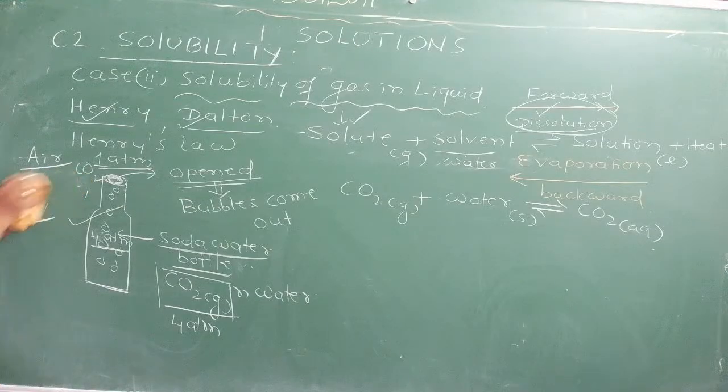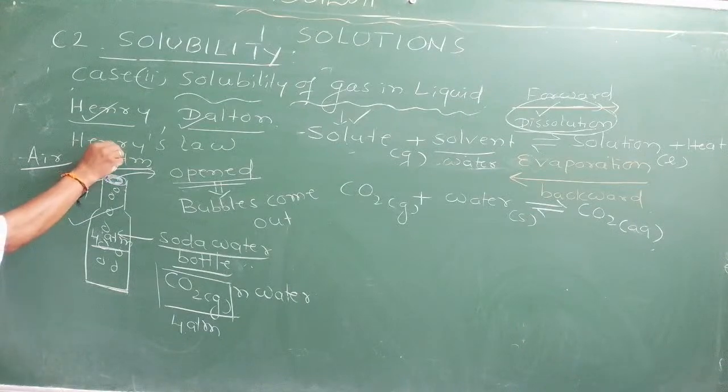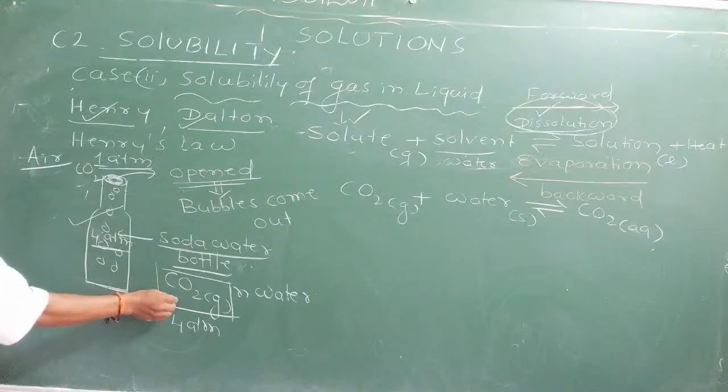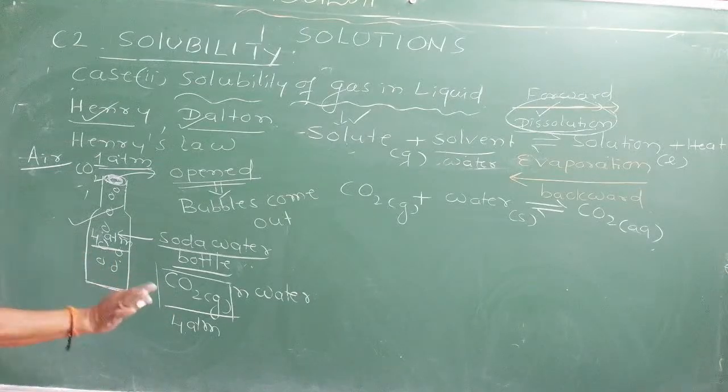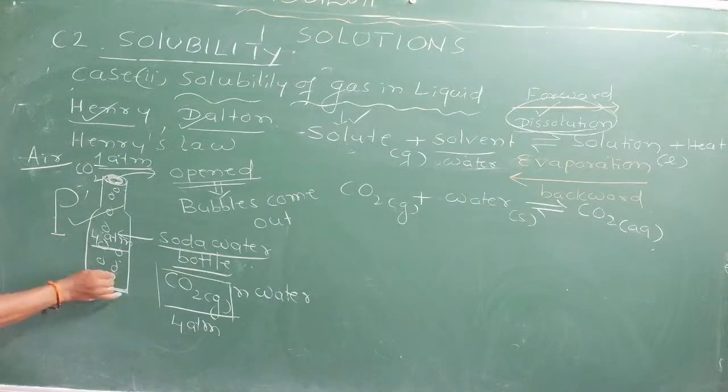Once it comes to the atmosphere, the pressure becomes less. At low pressure, carbon dioxide gas cannot be in the dissolved state. Therefore, pressure has an effect on the solubility of a gas in a liquid.